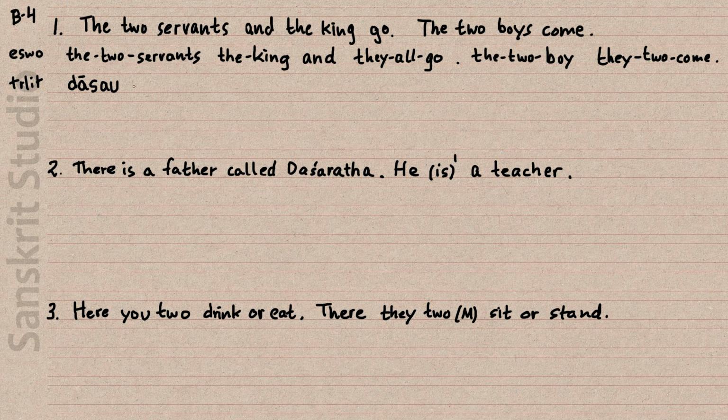But we only have one king, and that's nripaha. Then we have the conjunction there, and then we have the verb go, gacchati, but now we have plural, so we need gacchanti, plural, third person.